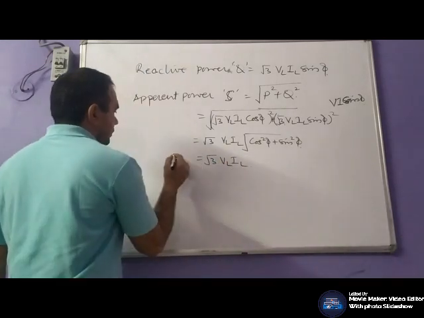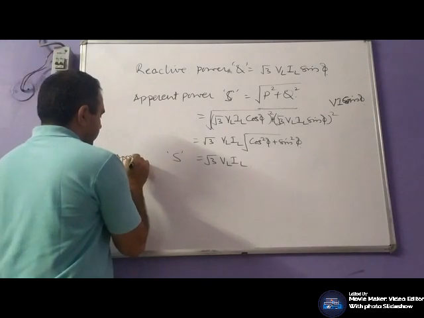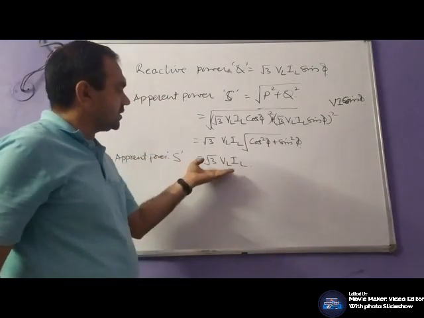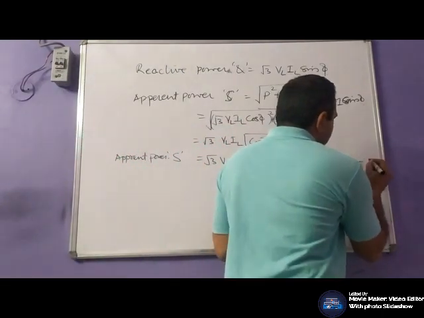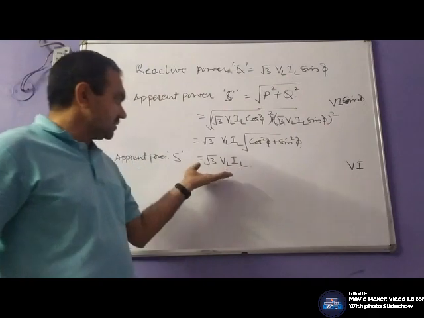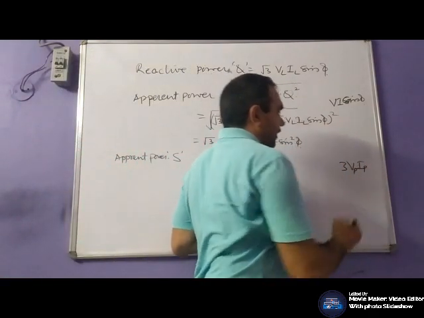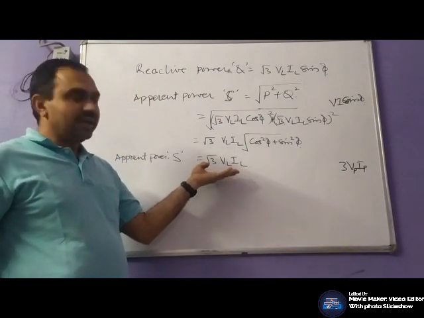This is your apparent power. Because in single-phase system, apparent power was given by V into I. In three-phase system, apparent power is 3 V phase I phase. In terms of line, it would be root 3 VL IL.